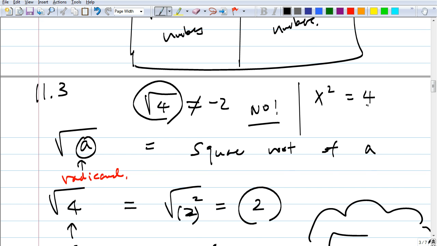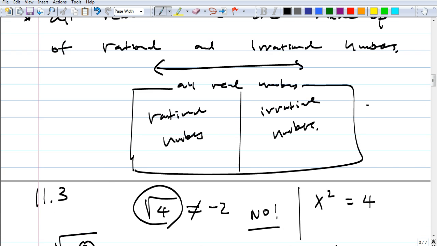If you're solving something like x squared equals 4, here we're simplifying, right? We're saying what is the square root of 4 equal to? That is 2, because a positive number is always positive. It doesn't become negative all of a sudden. But here, when I'm asking what x squared equals 4 gives you as the answer, there are two possible answers. X could be -2 or 2.